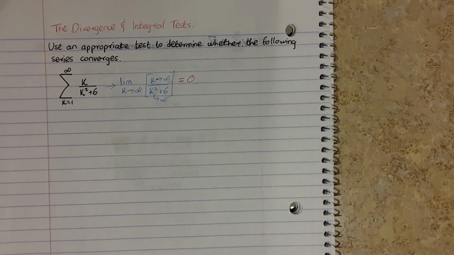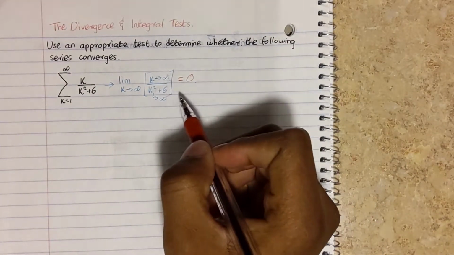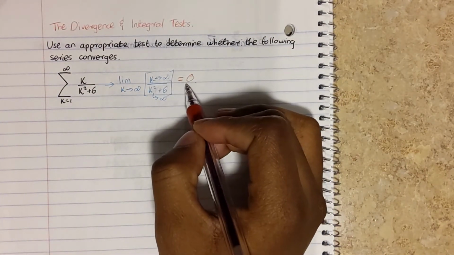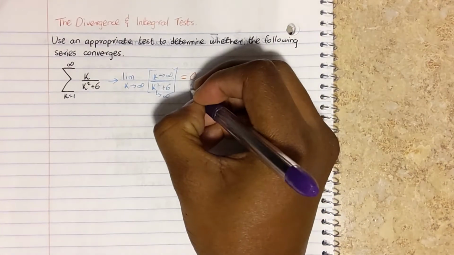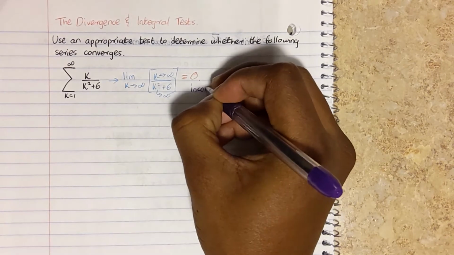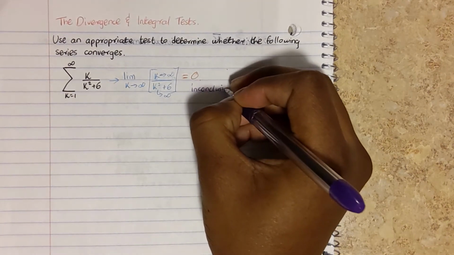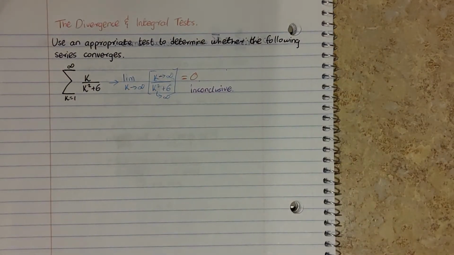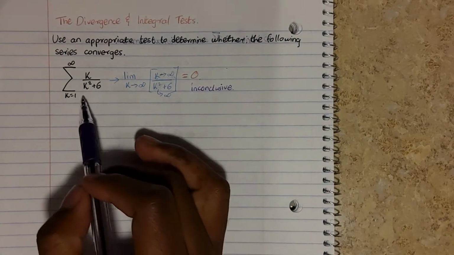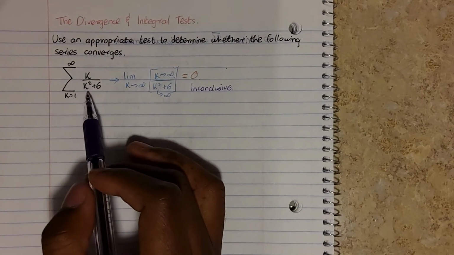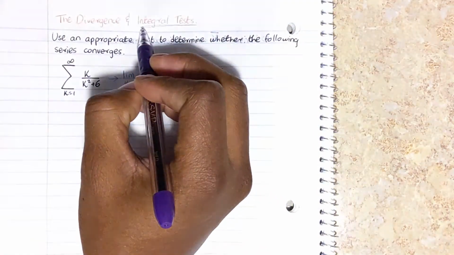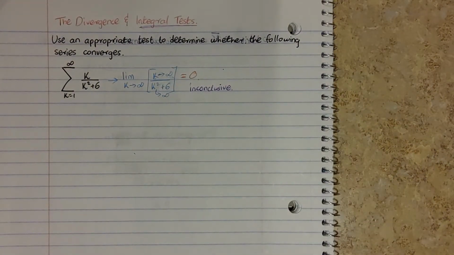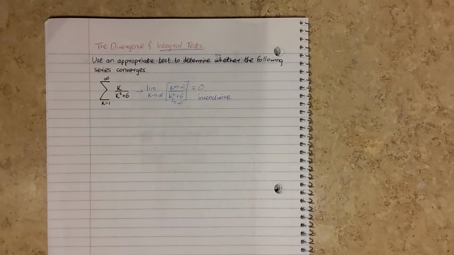So by the divergence test, since we got that the limit is zero, we could say that this is inconclusive, right? Okay. So after this, to determine whether or not the series diverges or converges, we could try the integral test over here, right?